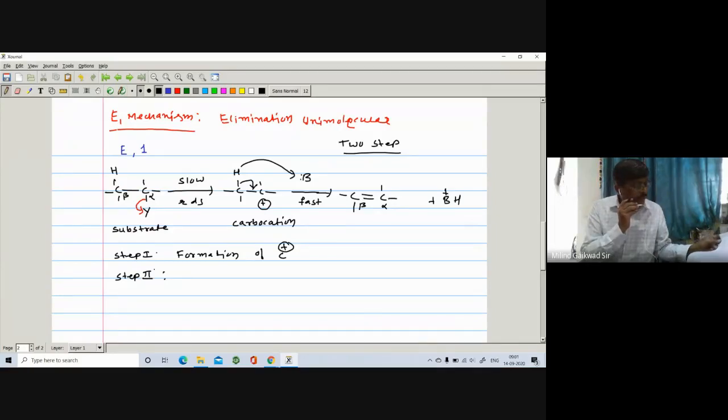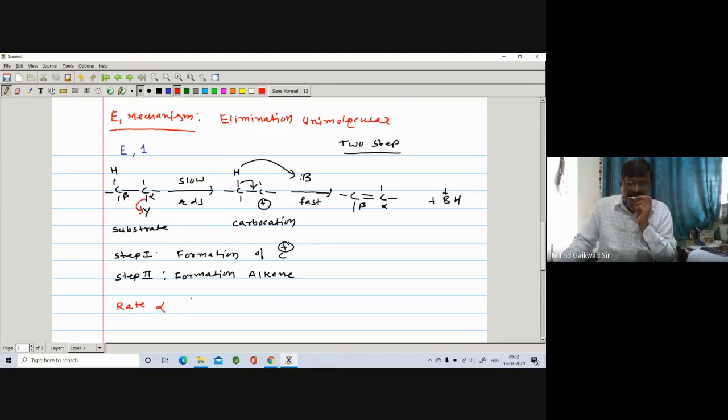So you can get the corresponding compound. There is a formation of alkene, or you can say abstraction of a proton. Now look here. The first step is a slow step, and if you write the rate of reaction, we'll see that only one molecule, the substrate, is involved in the RDS step.